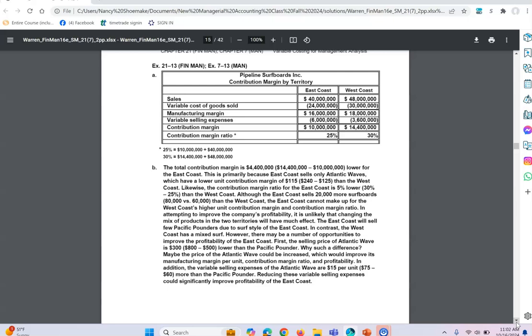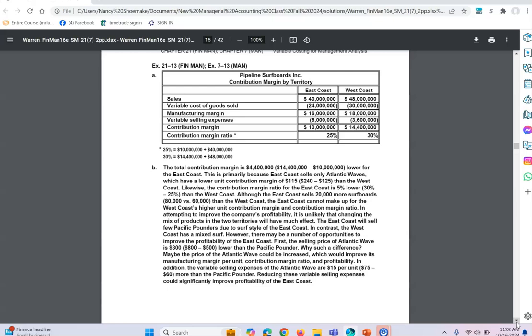The contribution margin is 5% lower. Even though the East Coast sells a lot more surfboards than the West Coast does, the East Coast can't make up for the West Coast's higher contribution margin. So changing mixes aren't going to really affect the profitability.